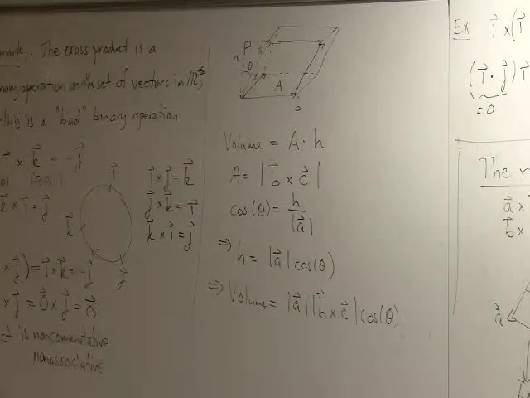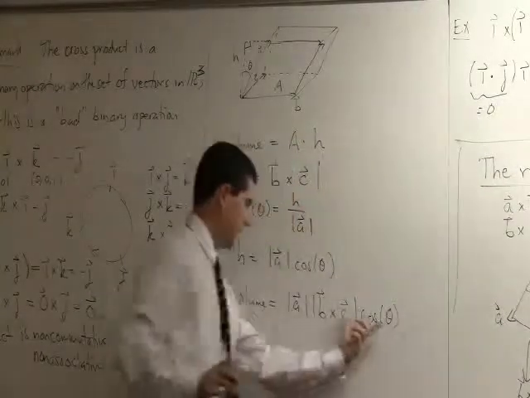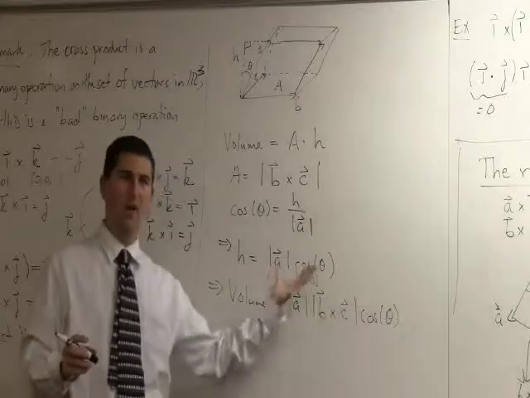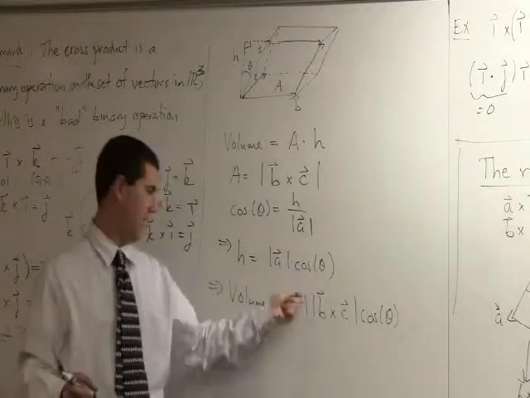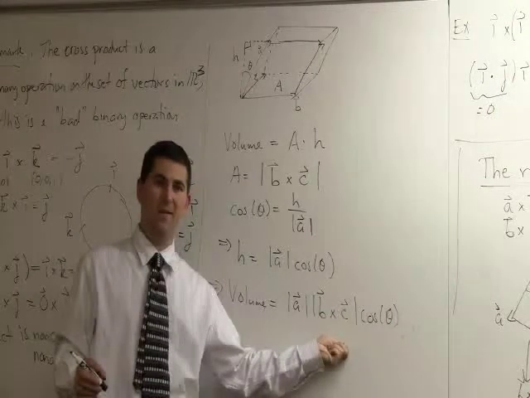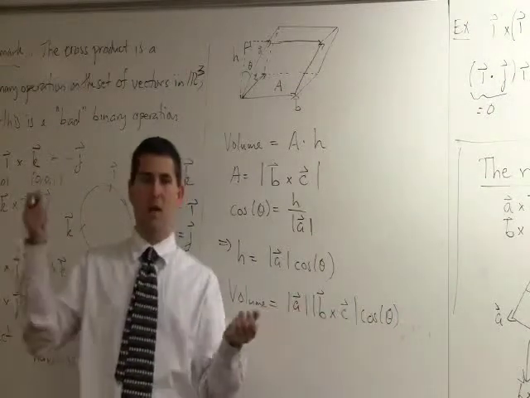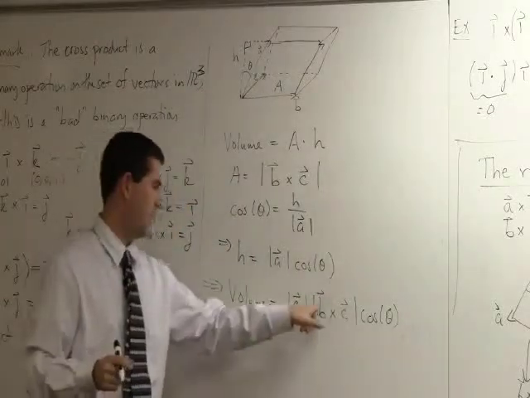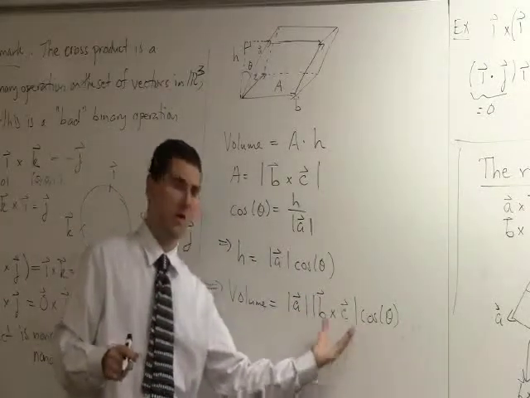But this formula should look familiar. Right? This formula is what happens if you take the dot product of A with B cross C. How do you do the dot product of A and B? It's norm of A, norm of B times cosine of theta. Norm of A times norm of B, well now it's B cross C, times cosine of theta.